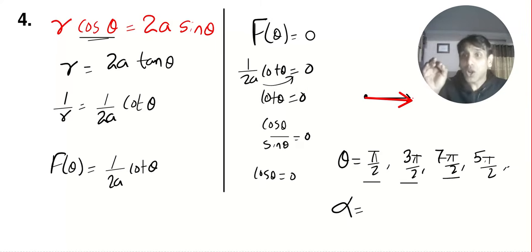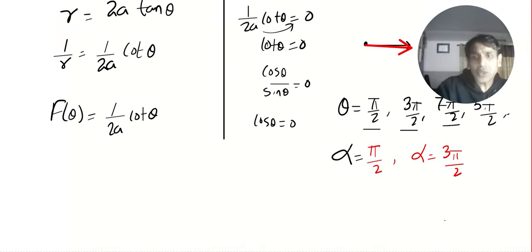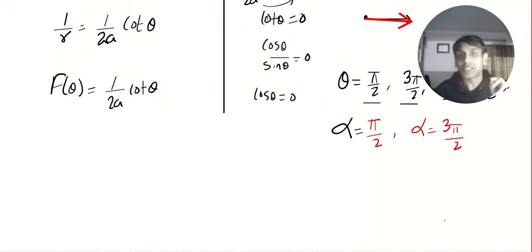We will take all possible values between 0 and 360. If you want to write the general value, that's fine. But still, practically, we will take only the values between 0 and 360. So alpha can be pi by 2 and alpha can be 3 pi by 2. So now it looks as if we are going to get two asymptotes.